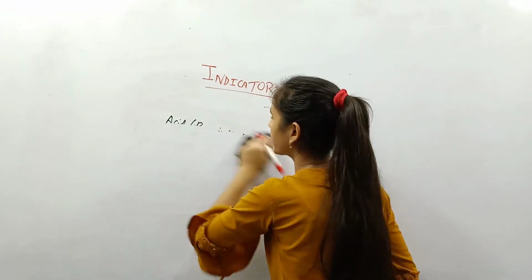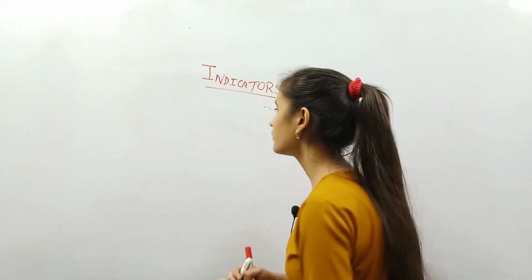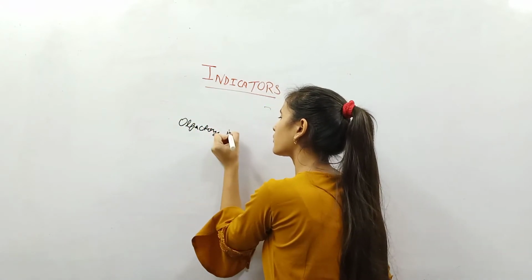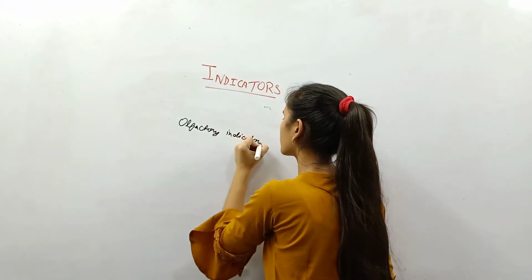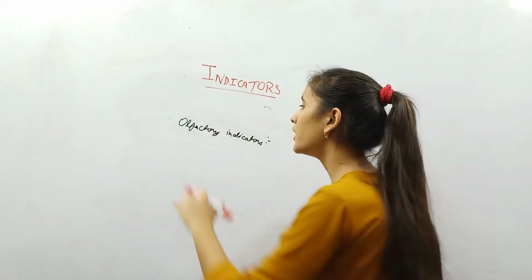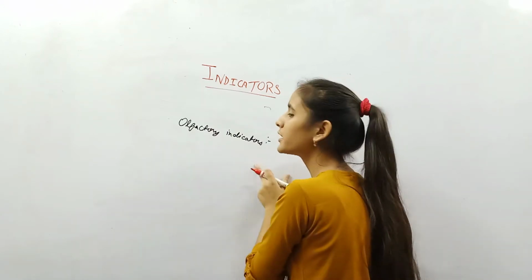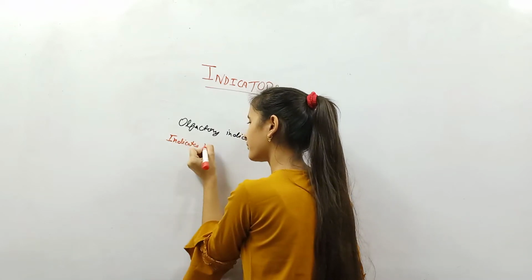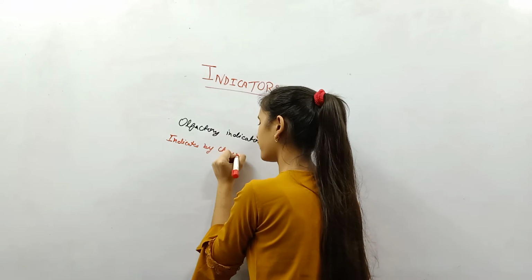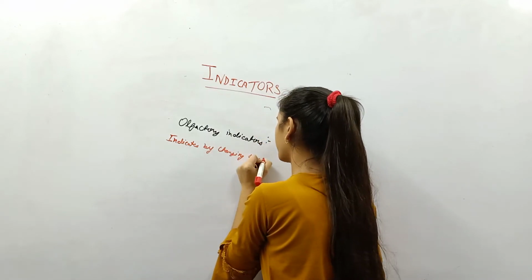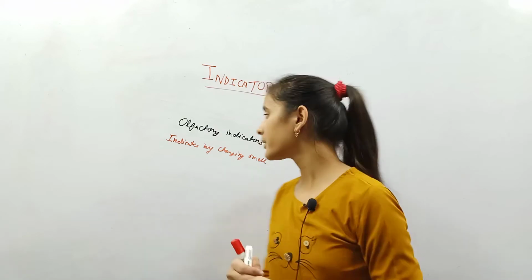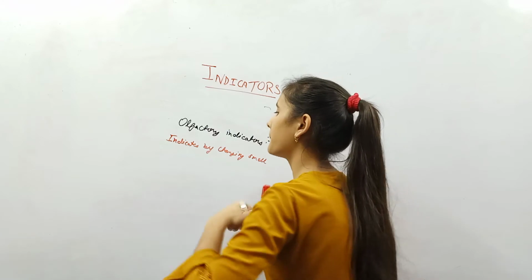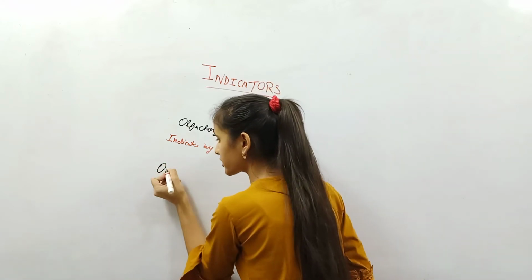Now we will study olfactory indicators. Olfactory indicators are the indicators which indicate by changing their smell. For example, we can take onion extract.